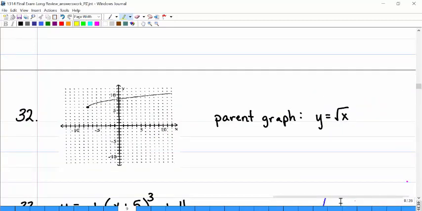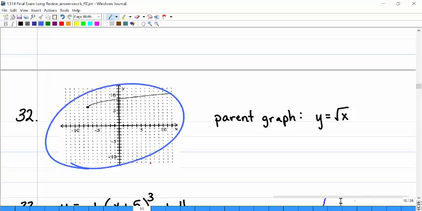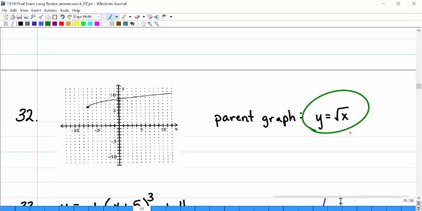For number 32, I was given this graph and asked to describe the transformations and give an equation for this graph. First thing I notice is that the parent graph is y equals square root of x. I see that I have been shifted to the left 7 units.